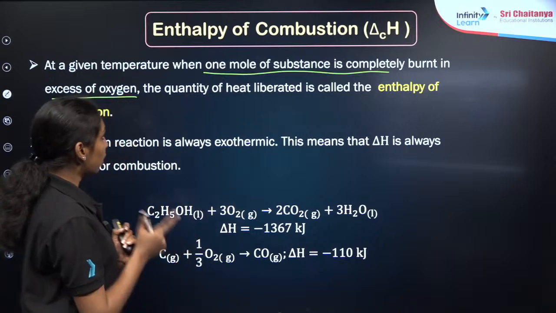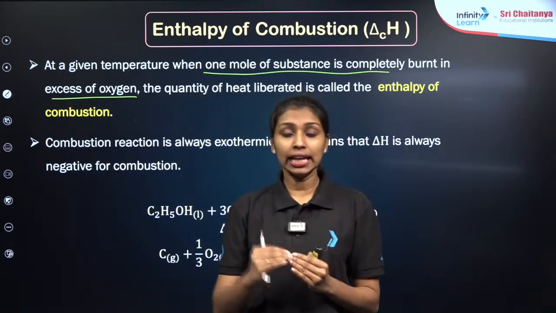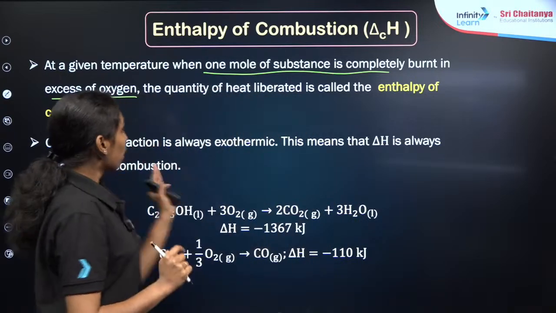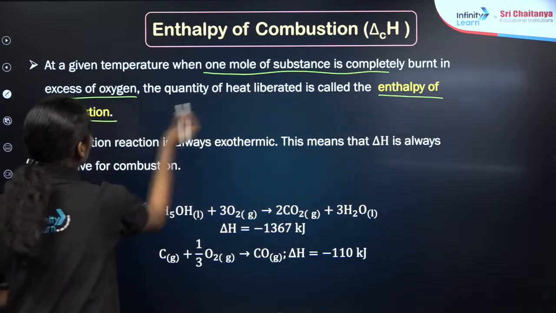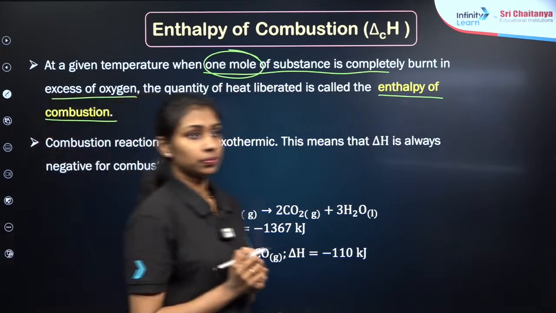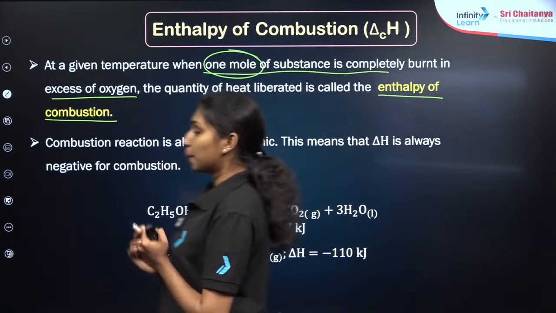That process is known as combustion. So for any combustion process, the heat exchange, whether absorbed or liberated during that process, is known as the enthalpy of combustion. The important point is that it is for 1 mole of substance. That is the enthalpy of combustion.